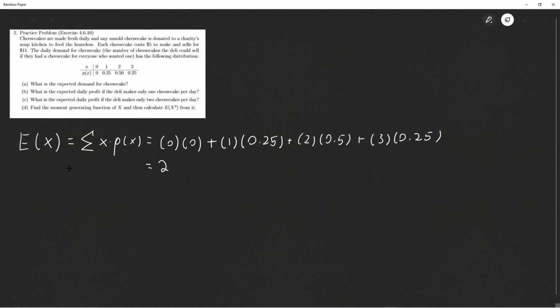And now for part D, we need to find the moment generating function, which is going to be the M of x of t, which is equal to the expected value of, instead of x, e to the tx. So this is just going to be equal to the sum of e to the tx multiplied by our function.